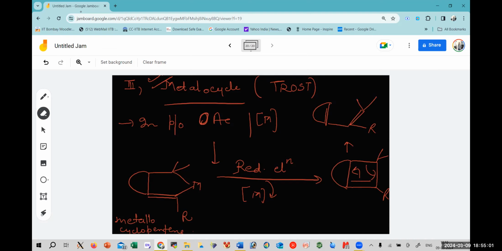So the point over here that we need to understand is that Trost has given the mechanism which talks about metallocyclopentene as an intermediate, and in the ene mechanism, it follows the ene first, like reactivity of ene first.